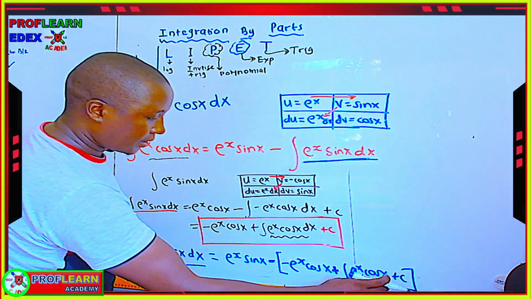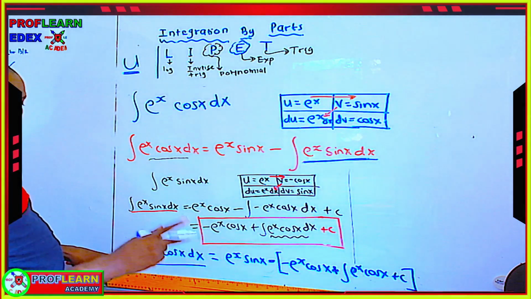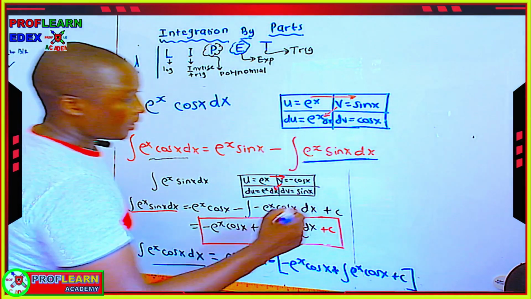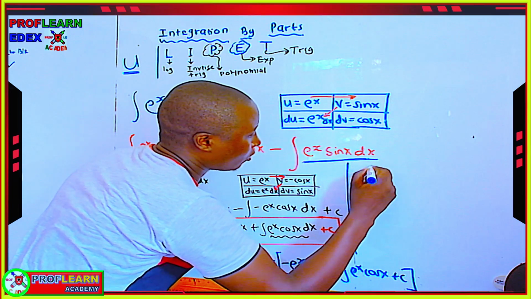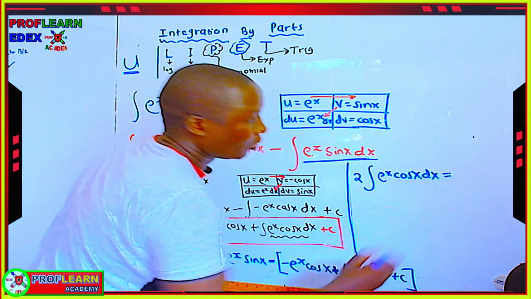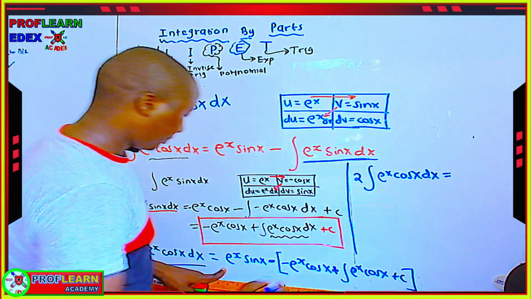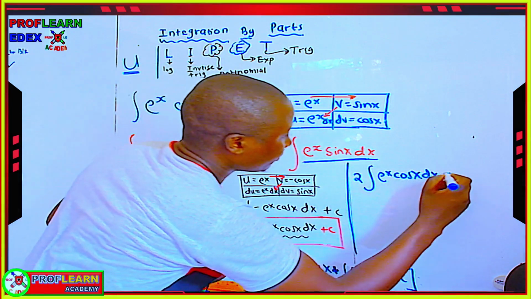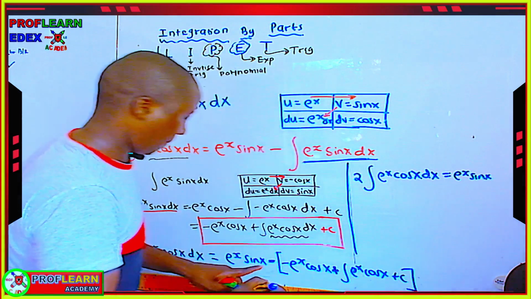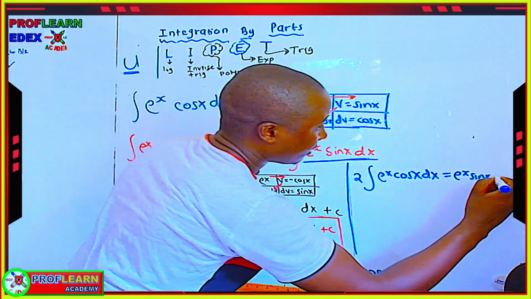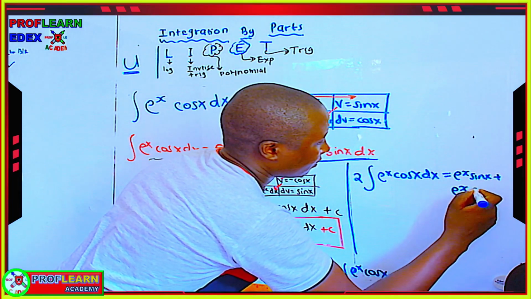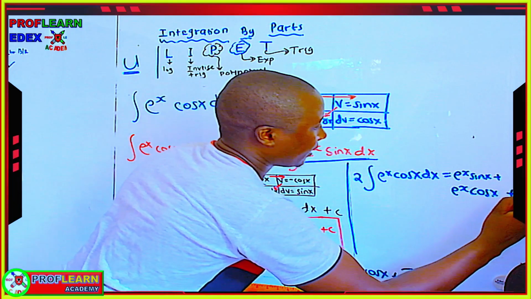If we take this term to the other side of the equal sign, we shall have two integrals of e^x cos x with respect to x, which is equal to e^x sin x plus, because this and this will be plus, e^x cos x, then we shall say plus c.